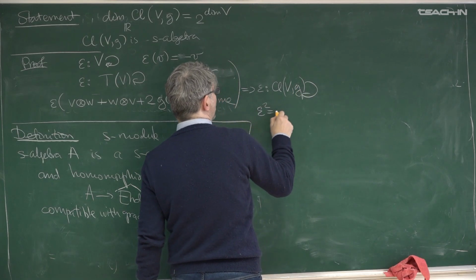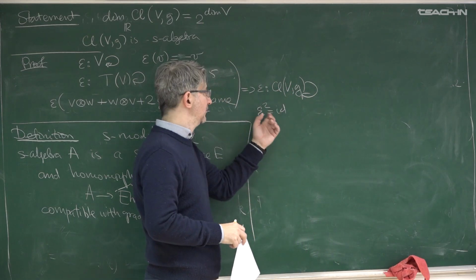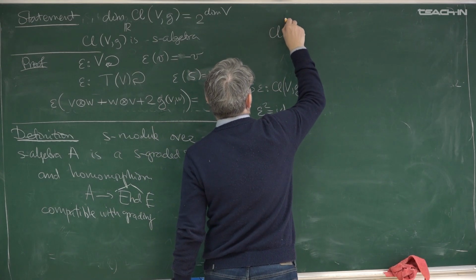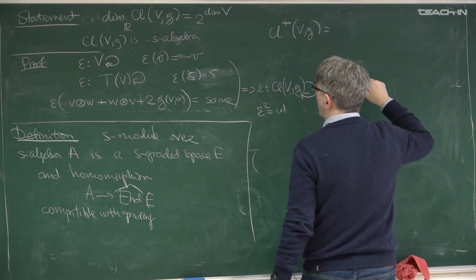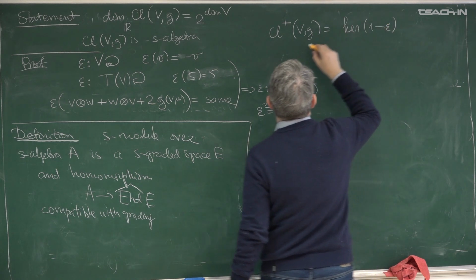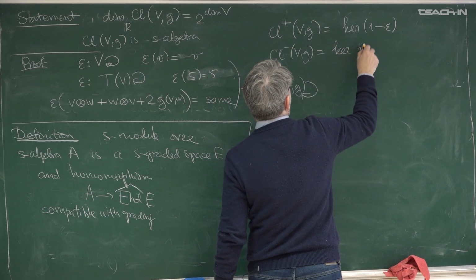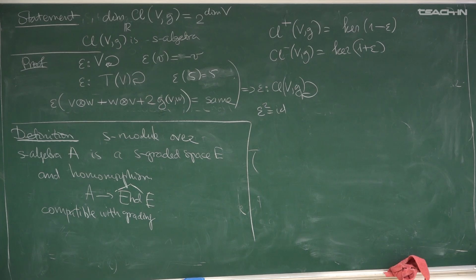But you know that epsilon squared is identity, so we can split Clifford into two eigenspaces for epsilon. Clifford plus is given by which formula? It's the kernel of 1 minus epsilon, and Clifford minus is the kernel of 1 plus epsilon. How to prove that the product is compatible with this decomposition?